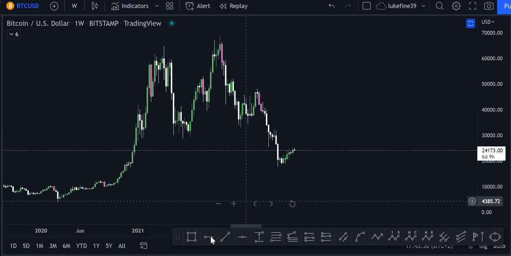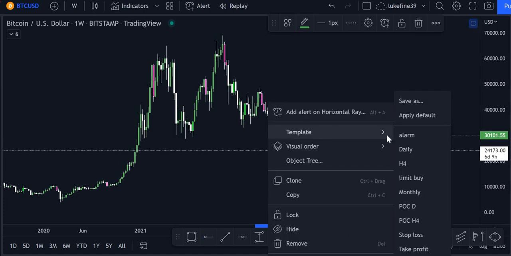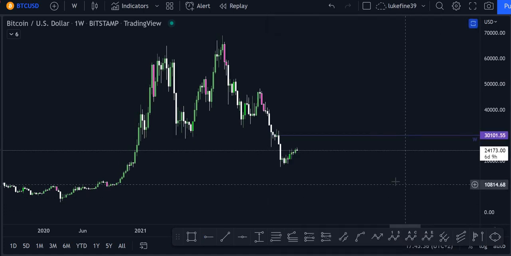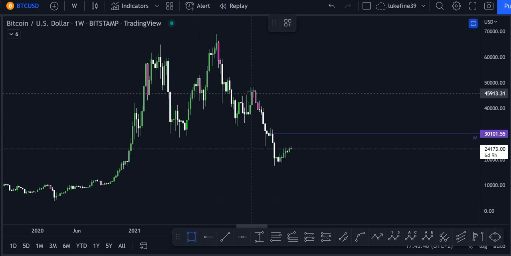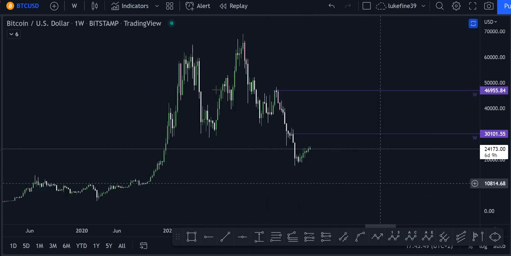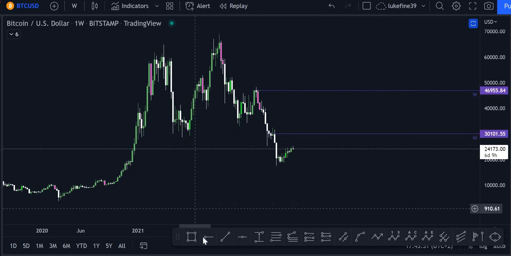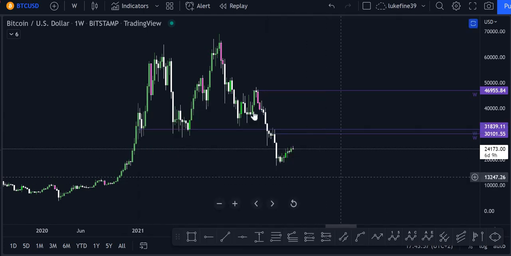Some important levels that we have to see, just to get a glimpse of what's where and how, and to pinpoint some stuff. Okay, so I'm just drawing out some first important weekly levels here that have been reacting for a while now.